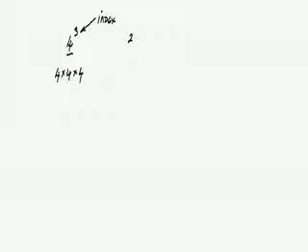Now let's say we've got 7 squared multiplied by 7 cubed, or 7 to the power of 2 times 7 to the power of 3.